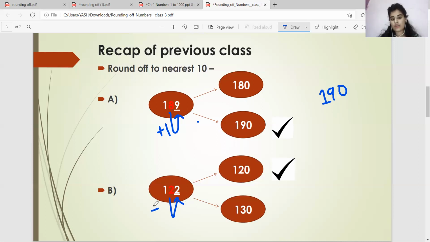So the tens place will stay 2, the left side digit will be the same 1, and the right side digit will change to 0. So the answer will be 120. The rounded number of 122 is 120.